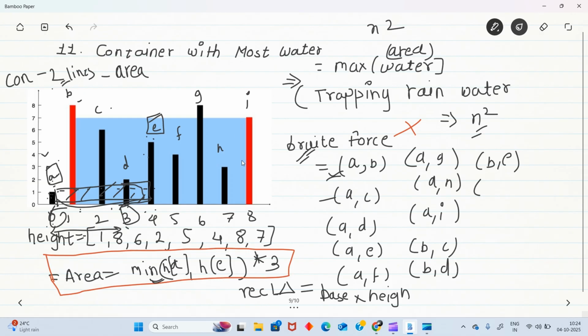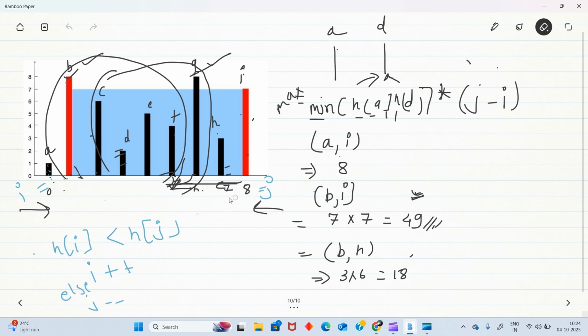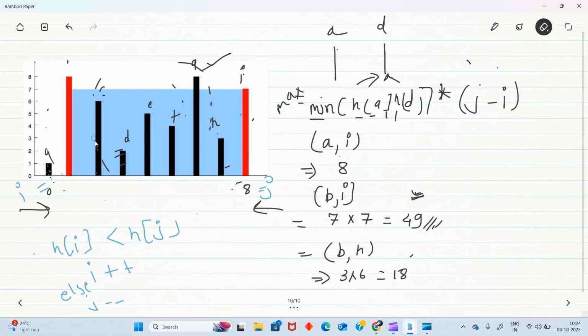Now instead of brute force, which approach can we use? The same example we will consider, and let's say these are a b c d e f g h i.